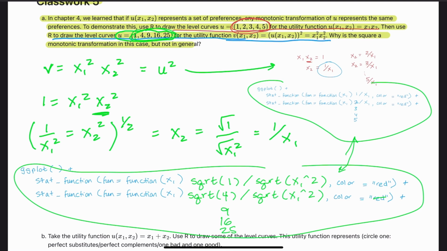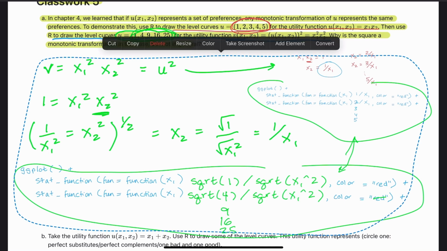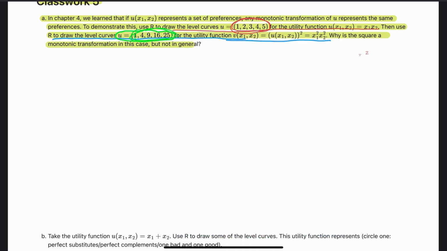And the last part of the question asks, why is it a monotonic transformation? In this case, but not in general. So in general, the square would not be, let me just delete all of this to see. So we learned that a monotonic transformation is something like this.